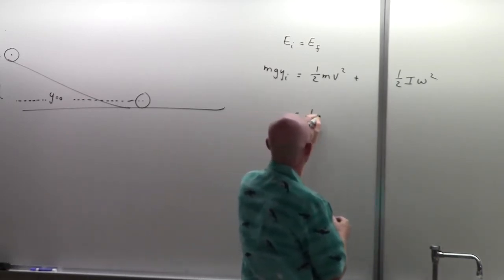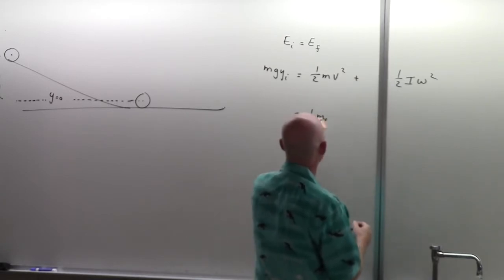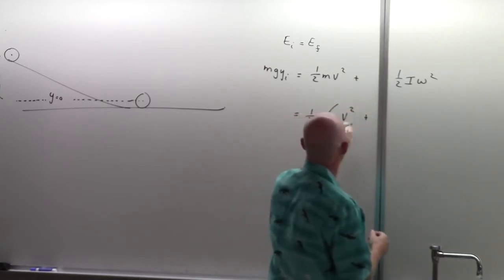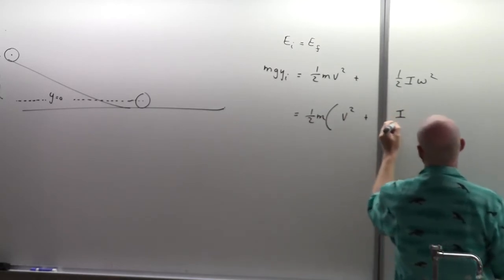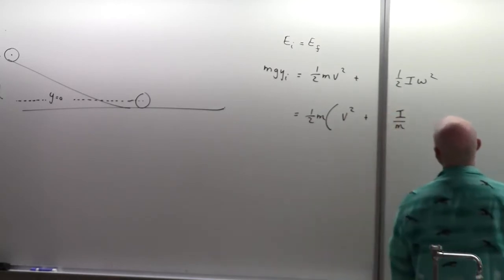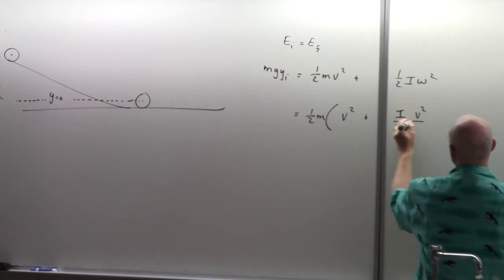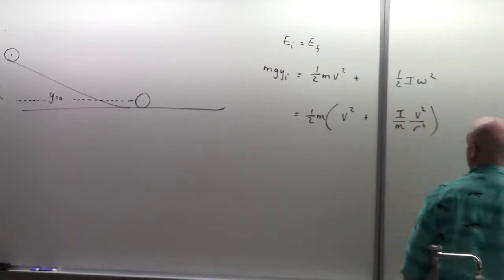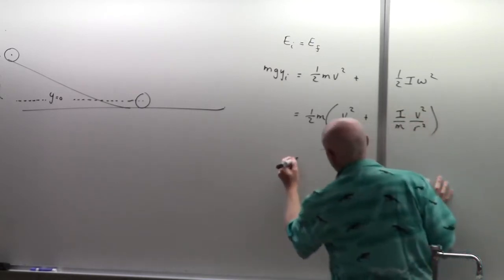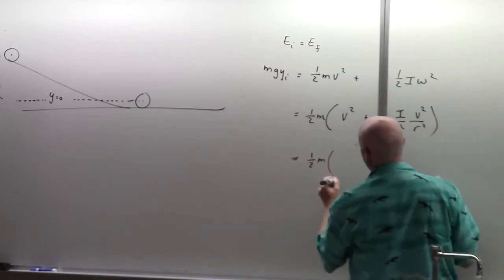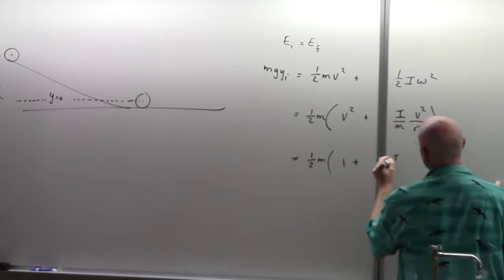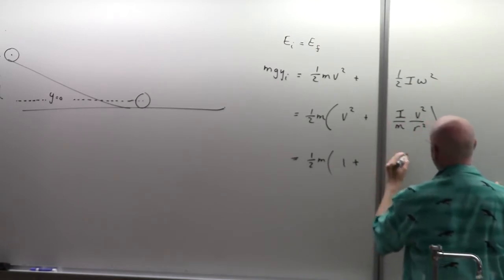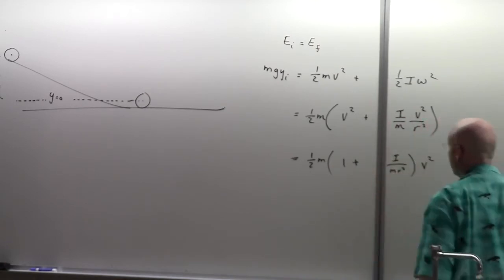The first thing we did was to factor out a 1/2 m, so that this became I over m, and then this was our v squared over r squared. If we continue to factor out the 1/2 m, we write this as 1 plus I over m r squared, times v squared.